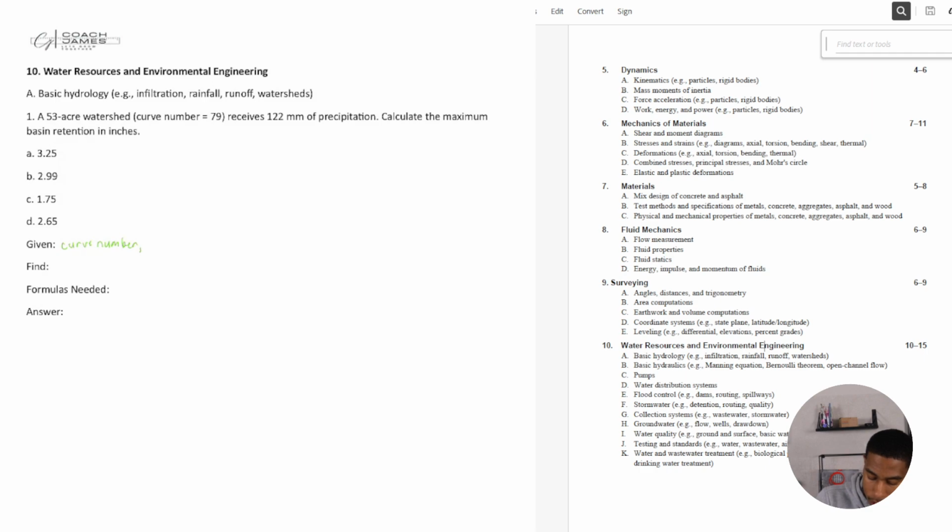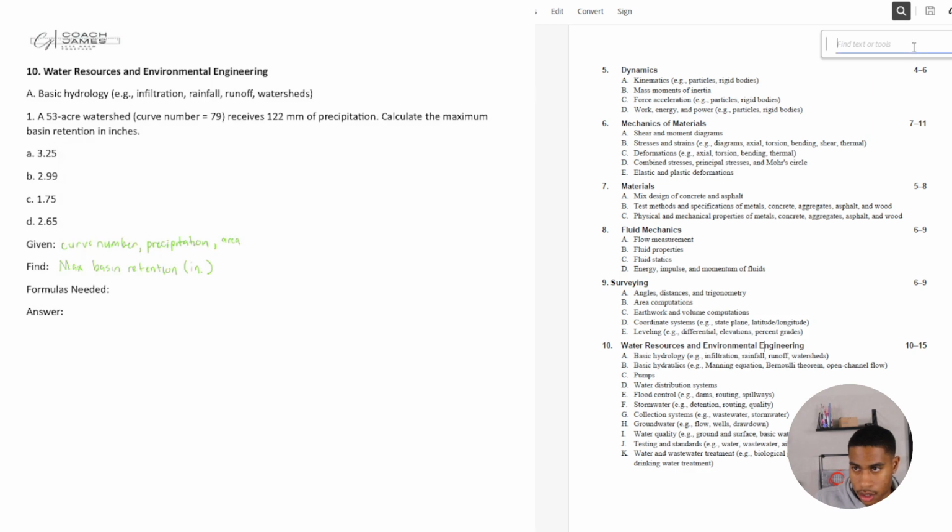We are also given the amount of precipitation, and we're also given the area. So we're trying to find the max basin retention, and it should be in inches, right?